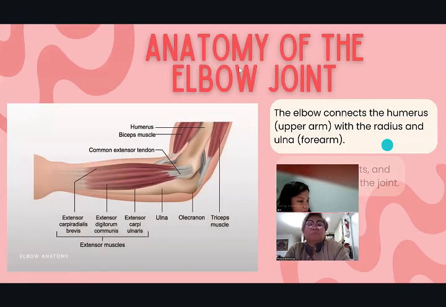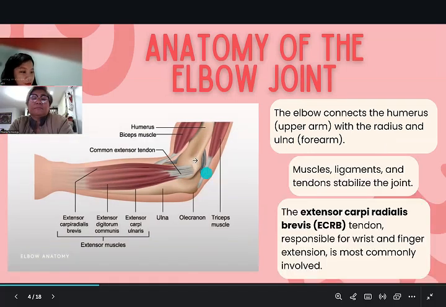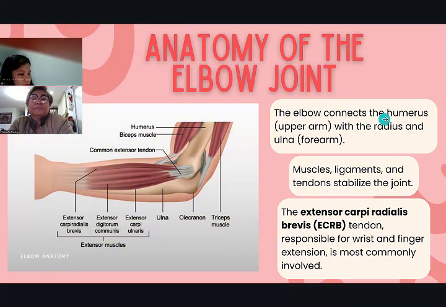So ito po ang anatomy. This is not new to you. This is the anatomy of the elbow joint. The elbow connects the humerus, yung buto dito, with the radius and ulna sa forearm. Ang nagko-connect sa kanila is the ligaments and tendons and the muscles.